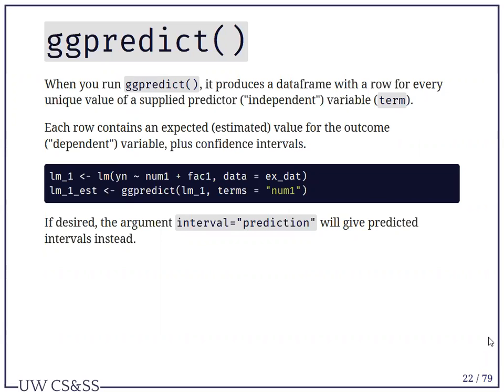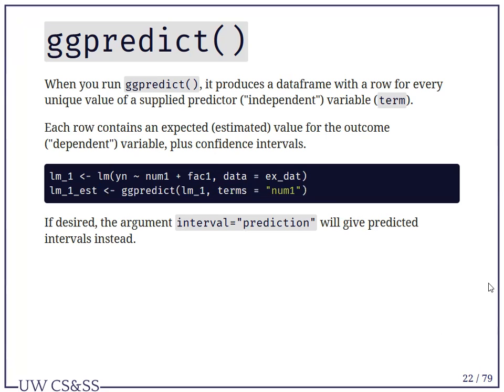So if we run a linear regression on a numeric outcome, given our numeric covariate and a factor covariate from our fabricated data, we can use ggpredict and the information from our model output across our covariate num1.